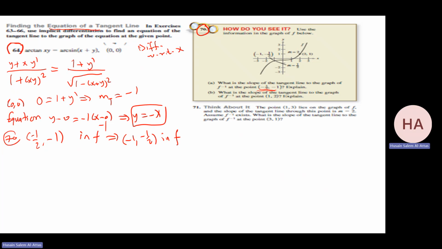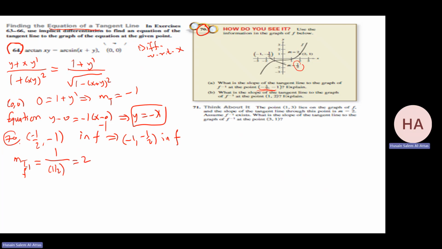So what is the slope of the tangent line to the graph of f inverse? So m tangent for f inverse is f inverse prime at minus half. That will be 1 over the slope for f at this point, which is half. So it will be 1 over half, which is 2.